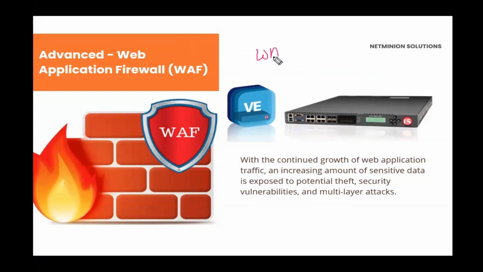So when we are talking about WAF or ASM, web application firewall, the traditional firewalls work on layer 3 protection, maybe layer 4 protection, but they don't understand the complexity of web applications. Web applications have their own complexity.